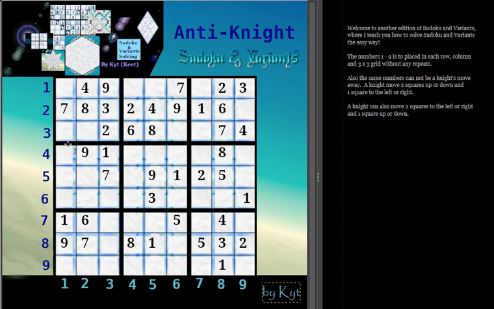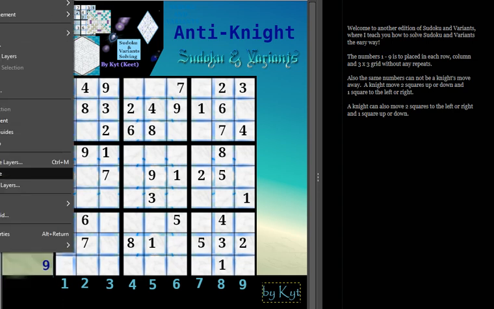A knight's move moves two squares up or down, and one square to the left or right. Let's see if I can get this to work here.